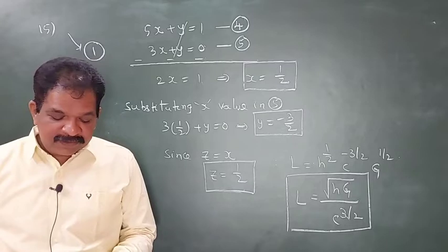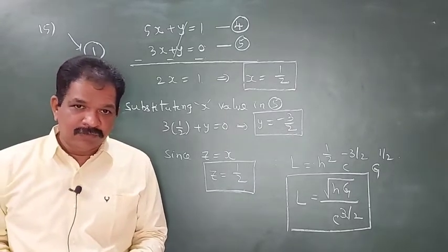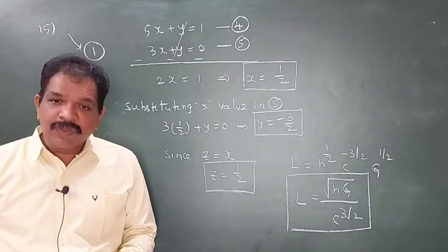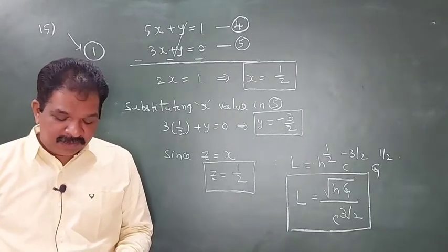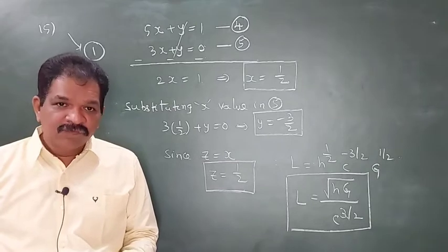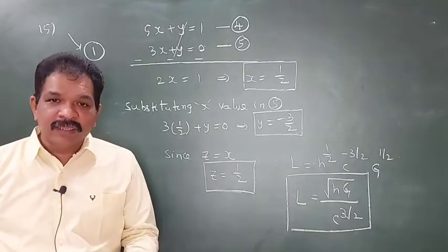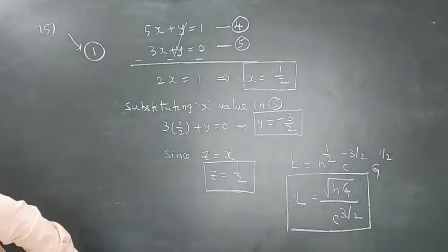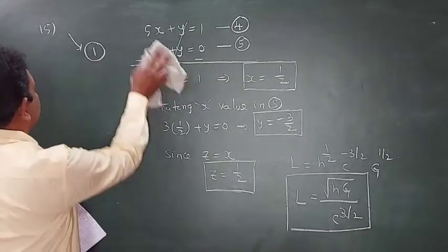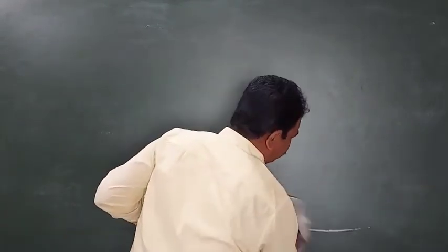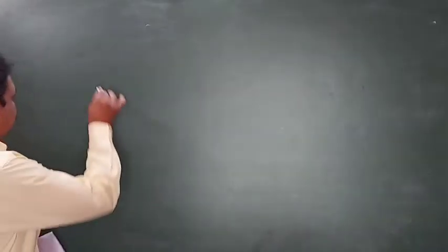For the dimensional formula of c we know, for G we know. For e square by 4 pi epsilon naught, first we will calculate the dimensional formula and substitute it, then we will get the answer. How to do that? See, then the 16th.